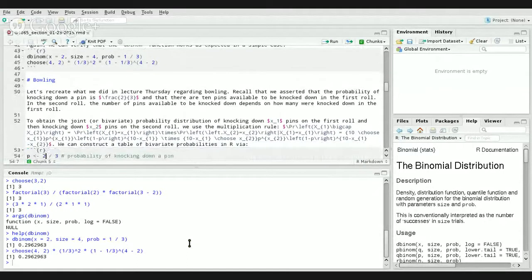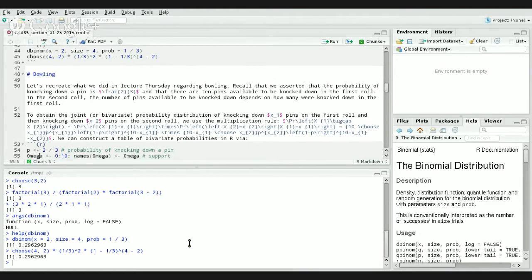And so to obtain the joint probability distribution, which in this case only has 2 events, so we refer to it as a bivariate probability distribution, the probability of knocking down x1 pins on the first roll and then knocking down x2 pins on the second roll, we use the general multiplication rule, which is said here in LaTeX code, but can just be explained as the marginal probability of knocking down x1 pins on the first roll multiplied by the conditional probability of knocking down x2 pins on the second roll, given that x1 pins were knocked down on the first roll.